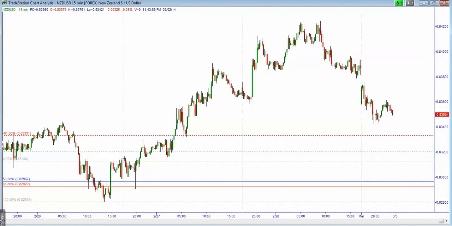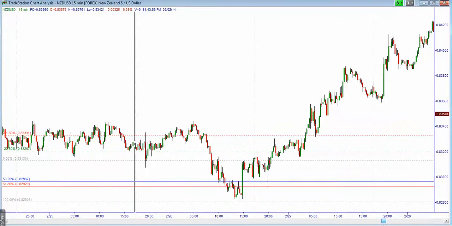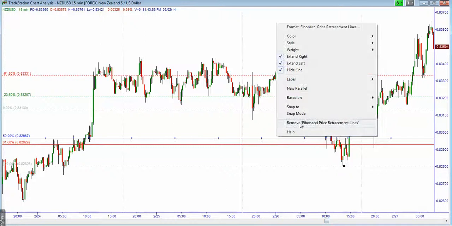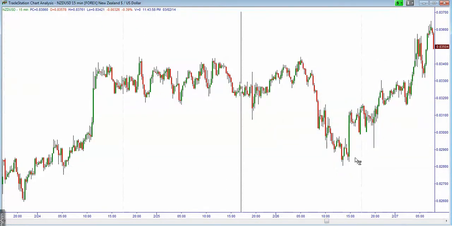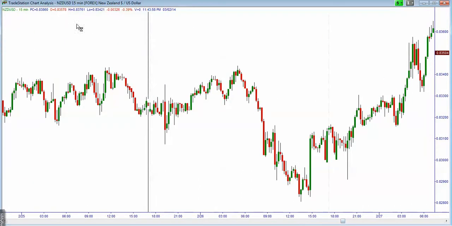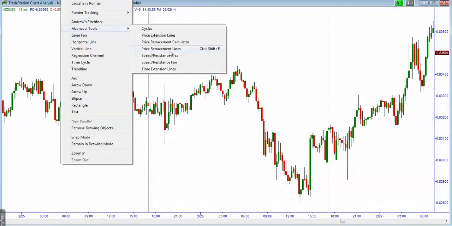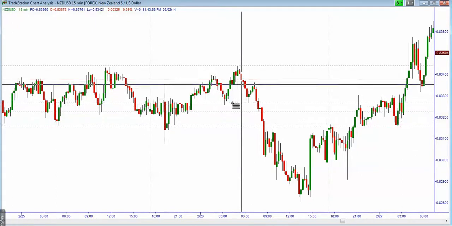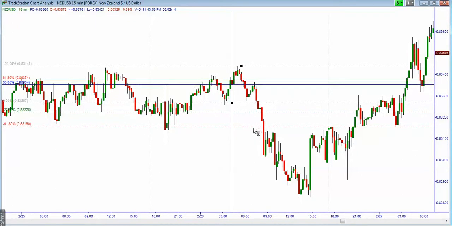On the 15 minutes, I want to show you first how you could actually trade this level of support here. The sequence on the 15-minute chart is very clear. We have highs to lows, first additional move, and then we get first and second target.